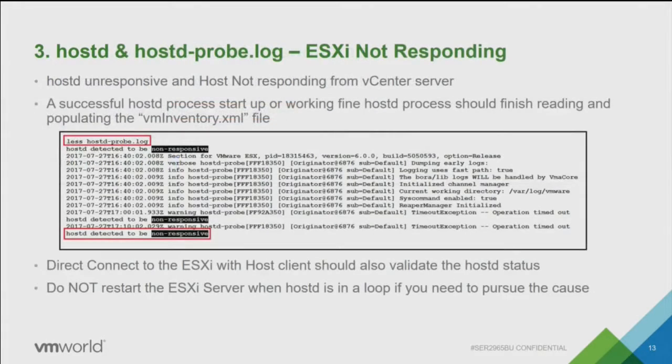If you look at the second point, every time hostd starts successfully, the last activity that it does is to query the vminventory.xml file. So what is this file? This file holds all the VMs registered on that particular host. It is going to populate that, and then it is going to start up successfully.